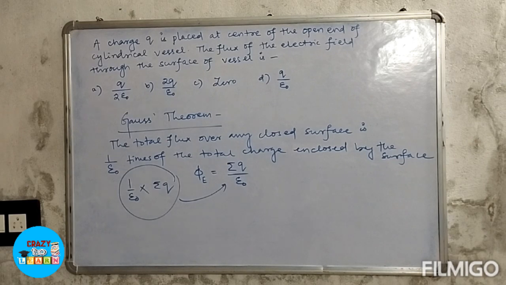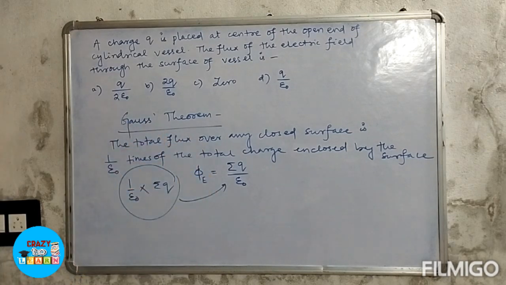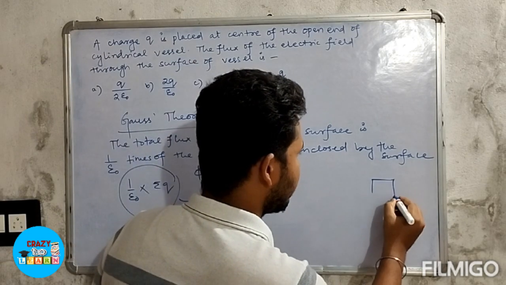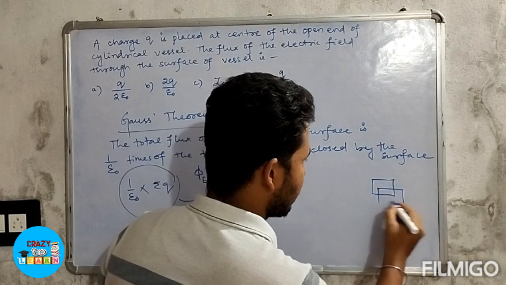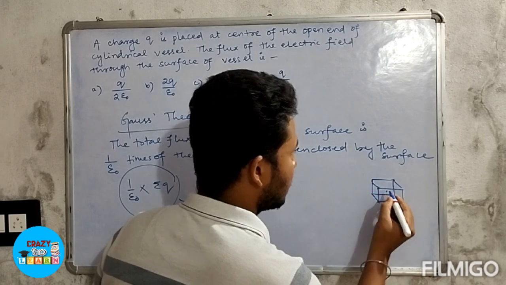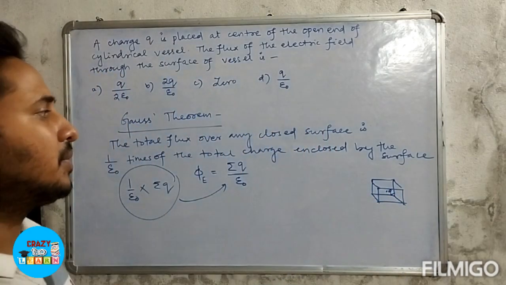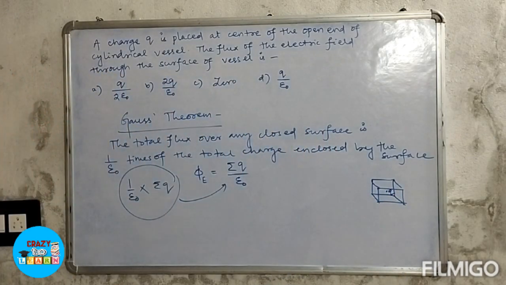If it is asked to find the total flux when a charge Q is placed at the center of a cube, then what is the total flux linked with the cube?